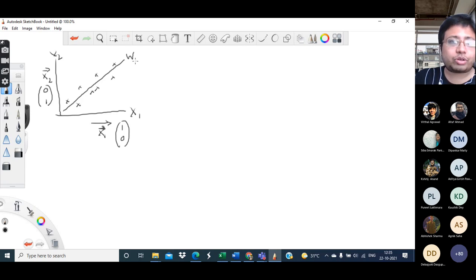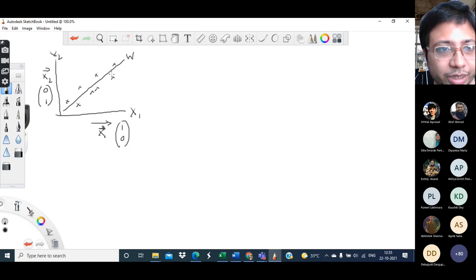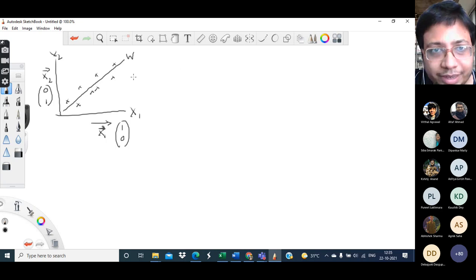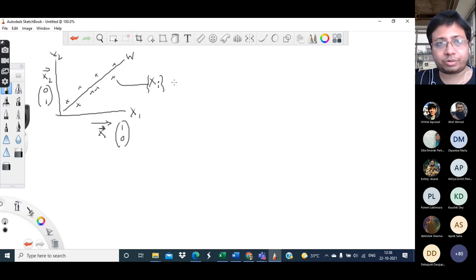Now W is also a vector, and I want to find what vector that is. Basically what I am doing here is projecting the data onto this vector. Let me call this particular observation xi, the ith observation. As I said earlier, it is a two-dimensional vector containing xi1, xi2.